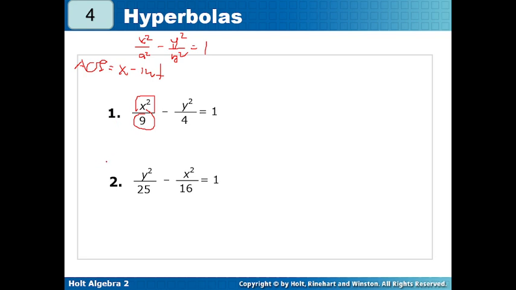The axis of symmetry of the other one, from the standard equation y squared over a squared minus x squared over b squared is equal to 1. What is the axis of symmetry, or the transverse axis of symmetry? Our axis of symmetry is y. Okay, this is y. So our axis of symmetry is the y-intercept.